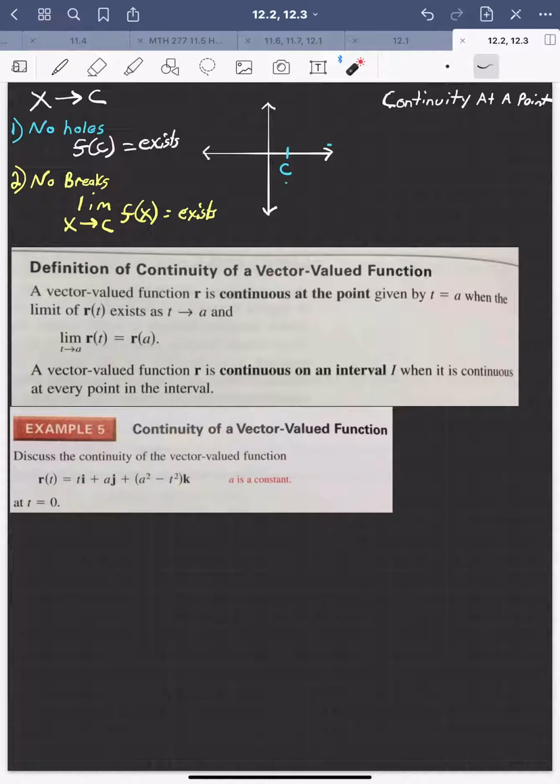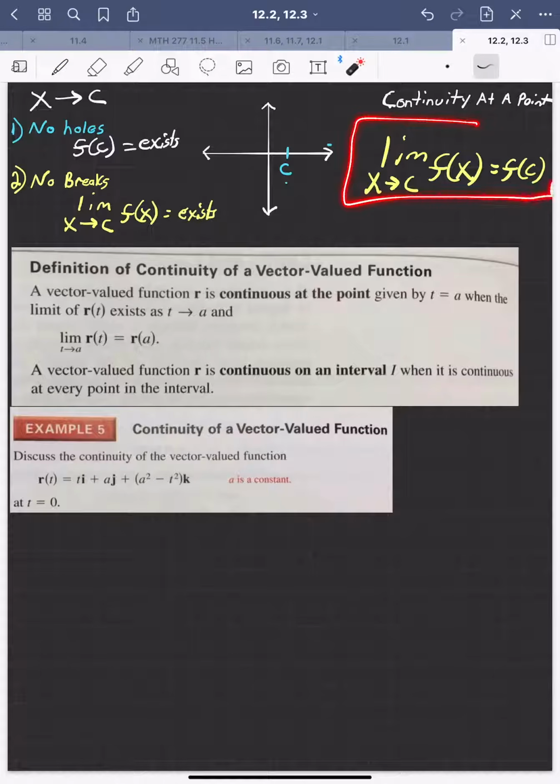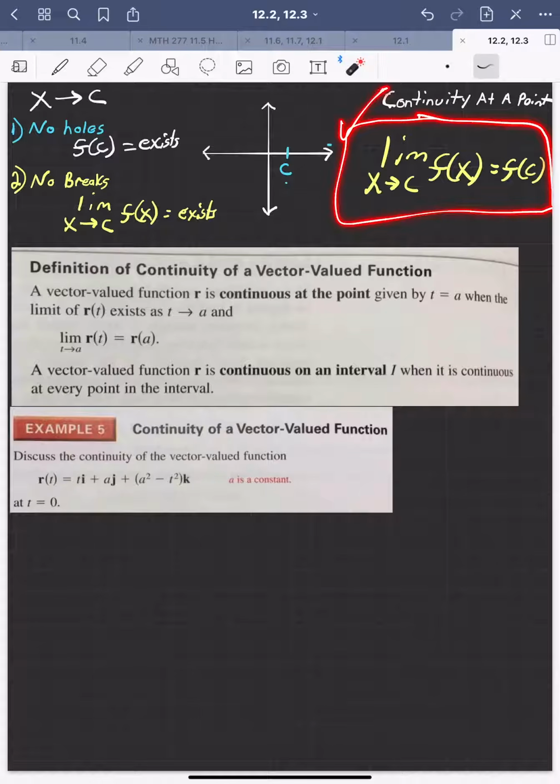And finally, if we put these two concepts together, that the point exists at c and the limit exists as you approach c, and you couple these together with the statement that the limit as x approaches c actually equals f of c, if you meet this criteria, then you have continuity at that point.